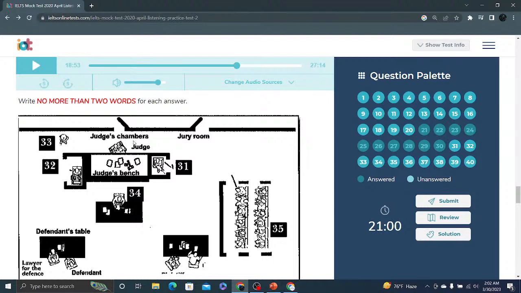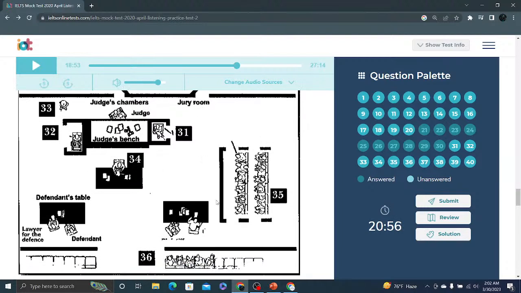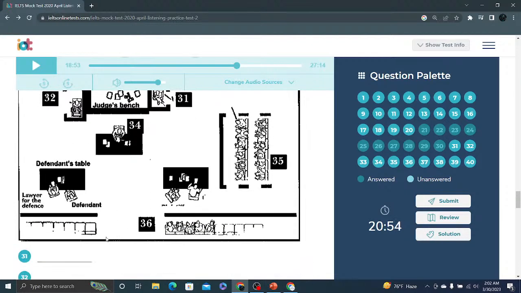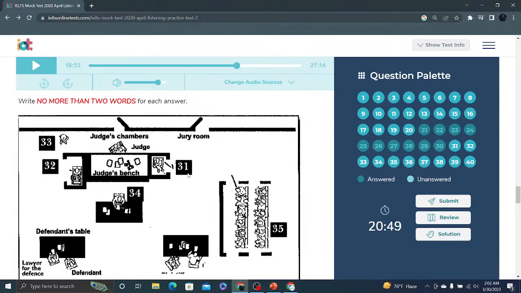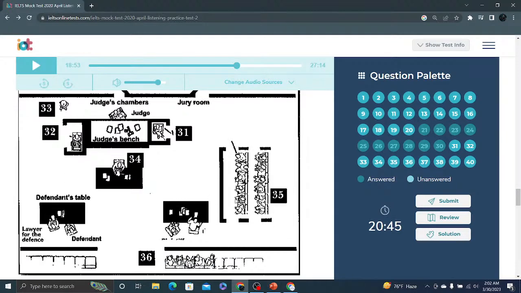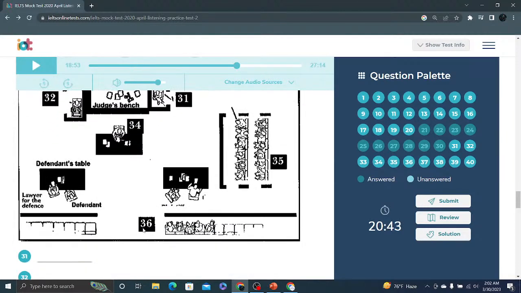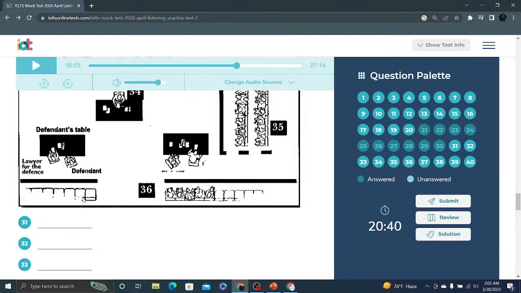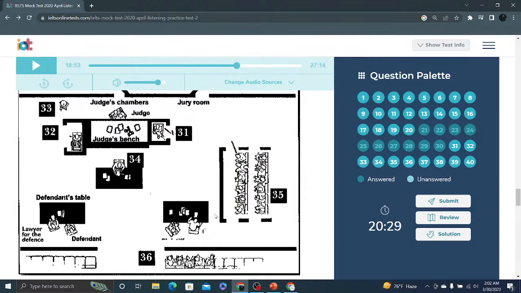Okay, here we can see judge chamber, jury rooms, judge, and then a lot of numbers like 31, 32, 33, 34, 35, 36. And here you can see the defendant and defendant's table, lawyer for the defense.